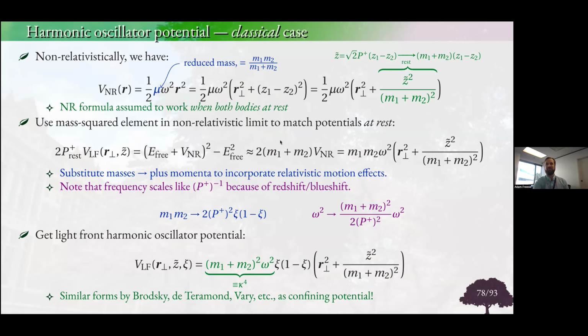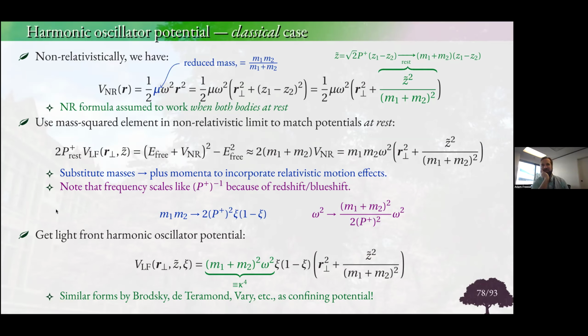So this is approximately equal to twice the sum of the masses times the non-relativistic potential, since the free energy when everything's at rest is just the sum of the masses. So we get basically product of the masses, because you can multiply out this m1 plus m2 times the reduced mass to get product of the masses, times omega squared, plus this basically r squared quantity in terms of the light front variables.